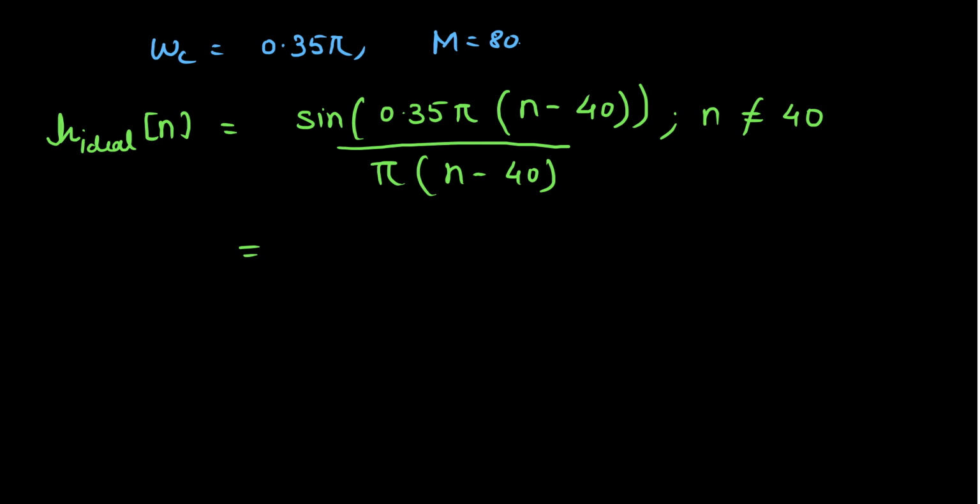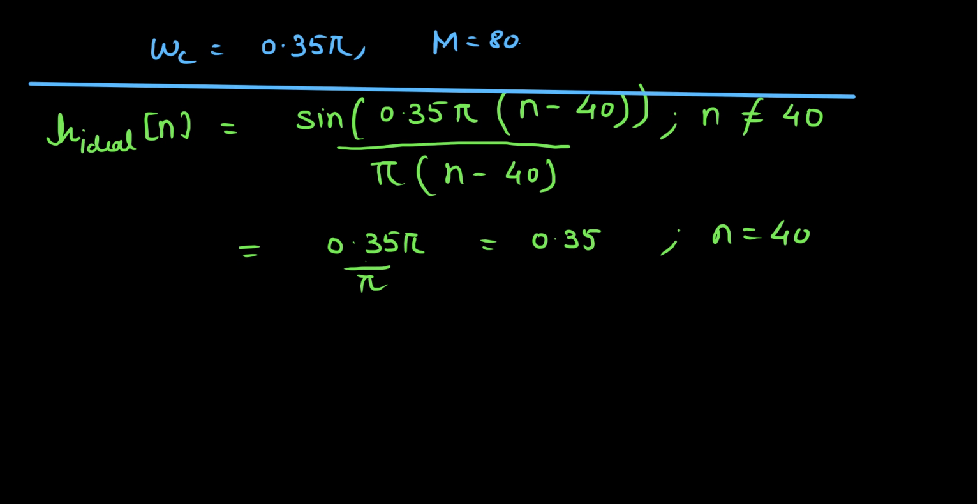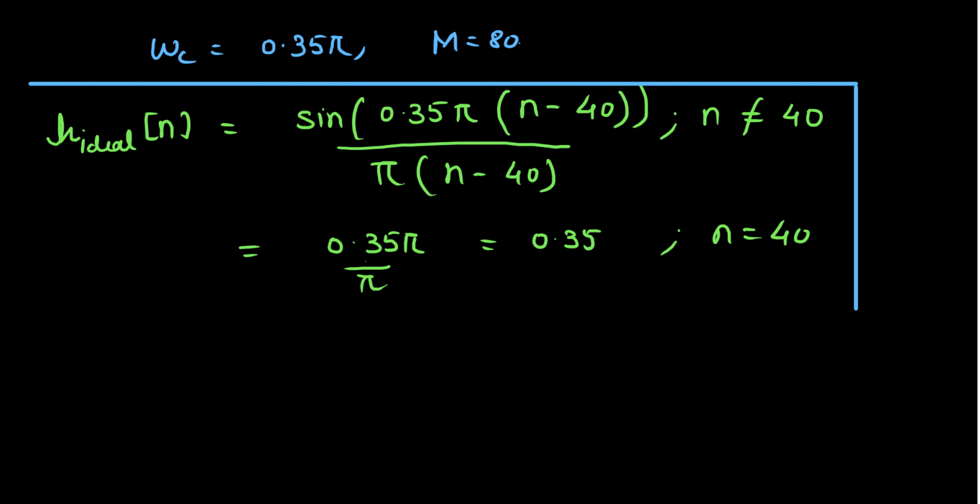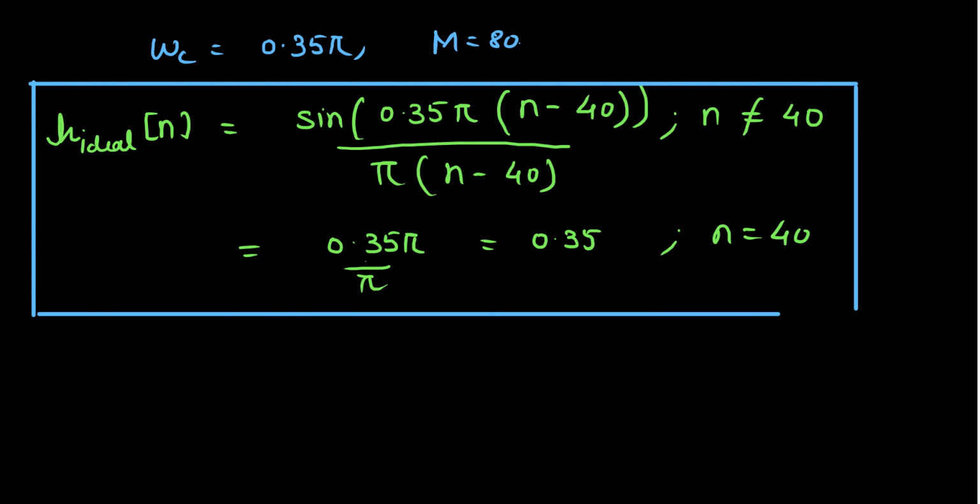And for n equal to 40, it's omega c upon pi, so 0.35 pi upon pi, which is equal to 0.35. So this is the expression that we obtain for the ideal filter for the cutoff frequency 0.35 pi and order 80.